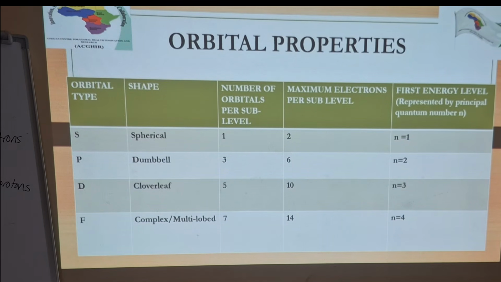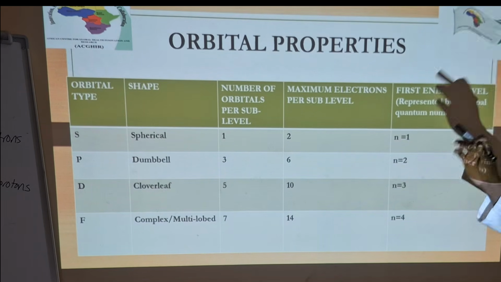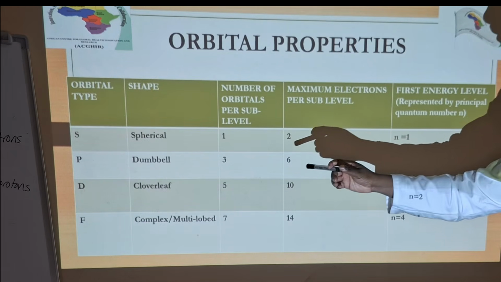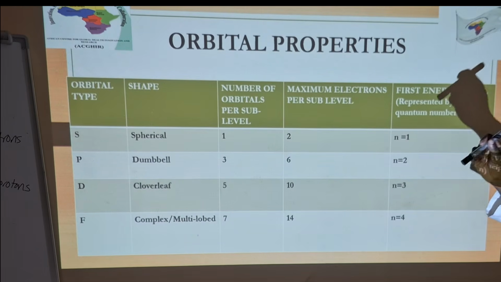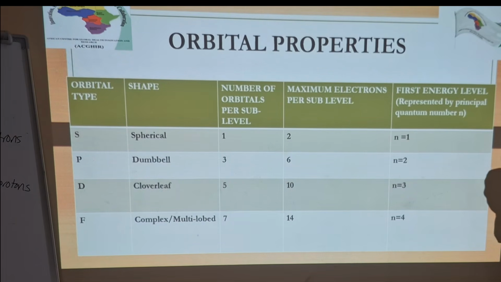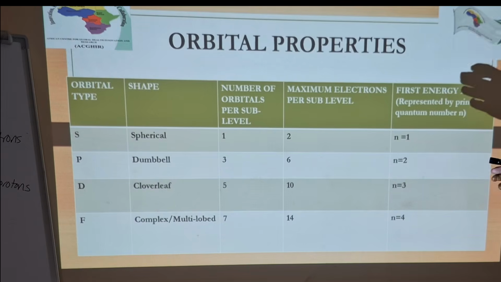For the P sublevel, since each orbital contains 2 electrons, if it has got 3 orbitals, it means 3 times 2, which is 6 electrons. For the D orbital, the number of orbitals per sublevel is 5, meaning it will contain a maximum of 10 electrons.